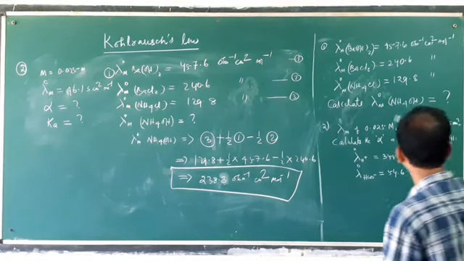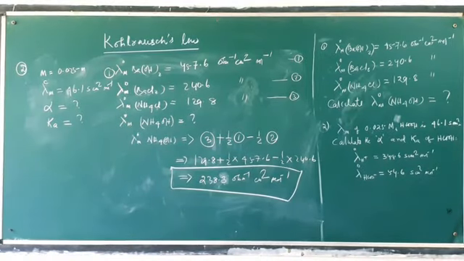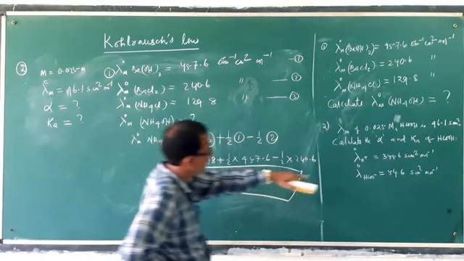Calculate the alpha value and K value. The concentration is given here, and the other data is already given.